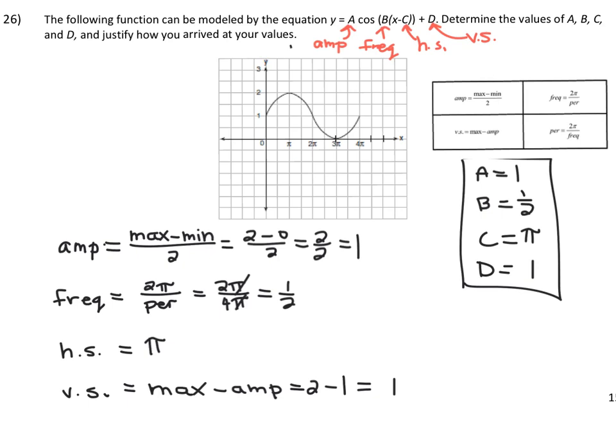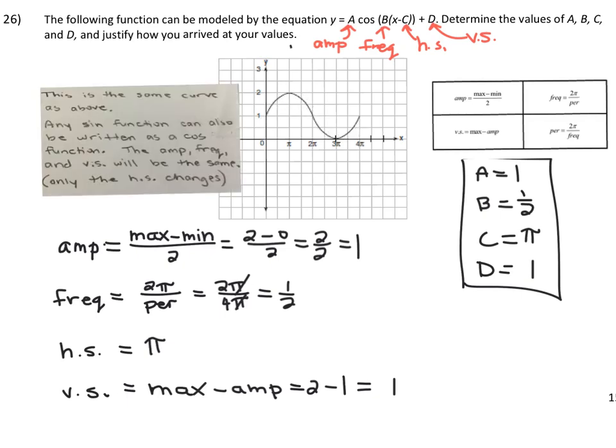They're all the same. The only thing that changes when you convert from a sine equation to a cosine equation is the horizontal shift. Okay, in number 25, we didn't have a horizontal shift. In number 26, we did. Okay, we took our cosine curve and shifted it over pi units. Okay, if you start at pi, it's a cosine curve. But if we didn't have a horizontal shift, isn't this just a sine curve?